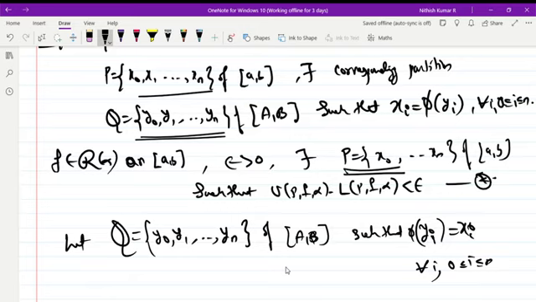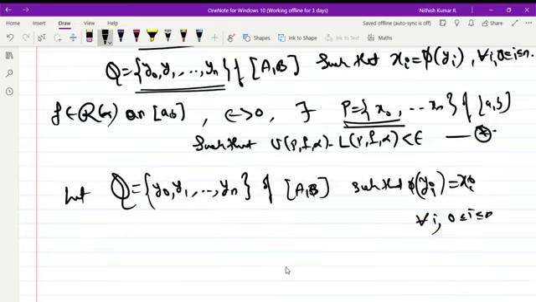This is true for all i between 1 and n. Xi is nothing but phi of yi.